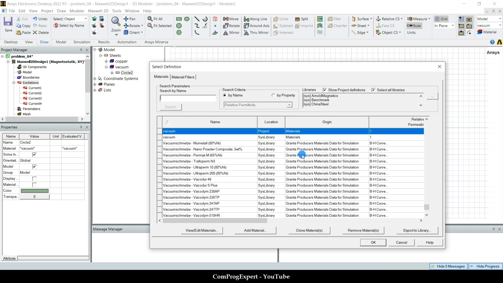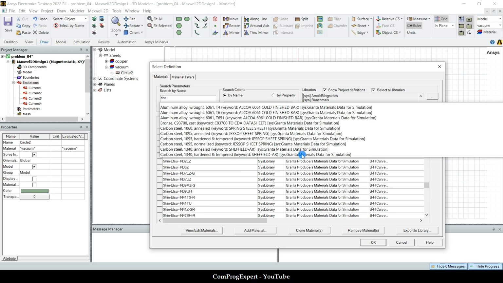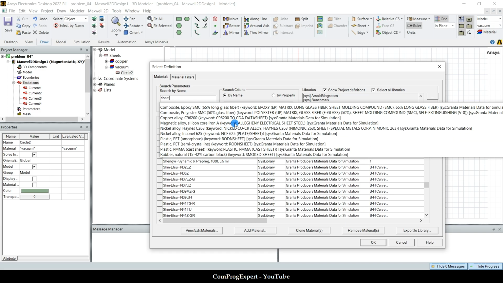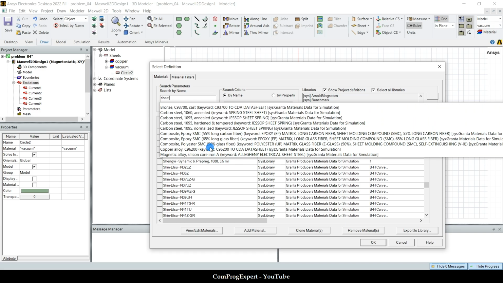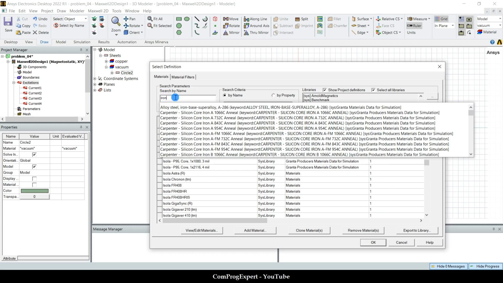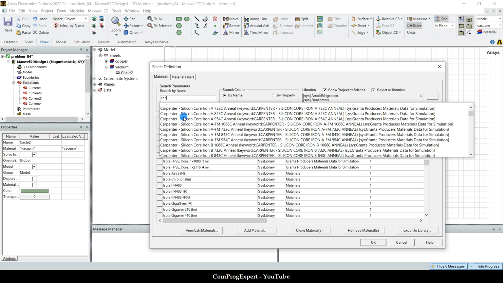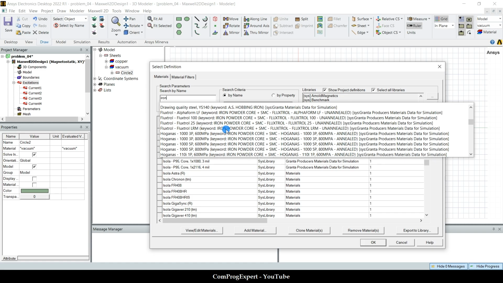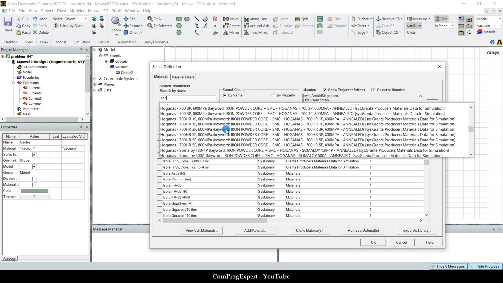So here you can see the material library. We have different materials, right? Also for iron, silicon core iron, yes. So from different manufacturers, the cast iron, okay.